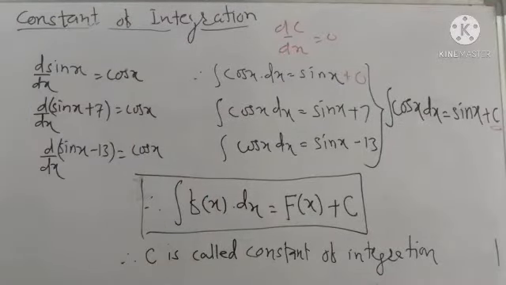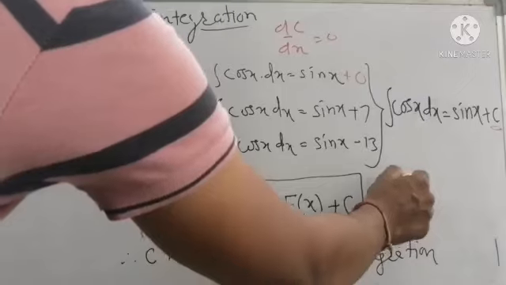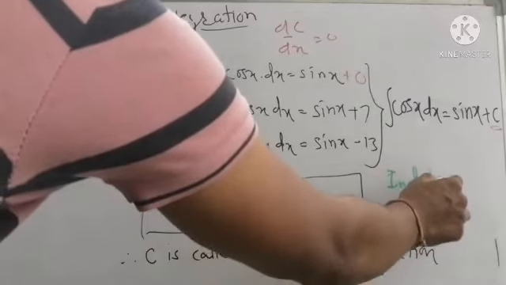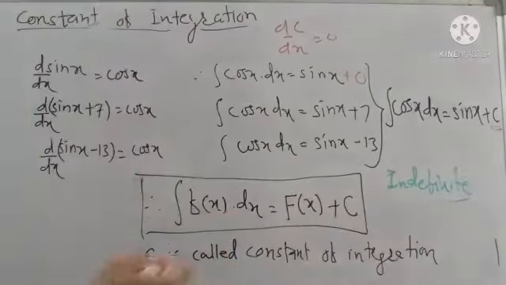So, the integration of any function f of x is always denoted by capital F of x plus c. After completion of integration, we put the constant of integration, and such an integration is called indefinite integration. As the value of c is not fixed, not definite, the integration in which c appears is called indefinite integration.